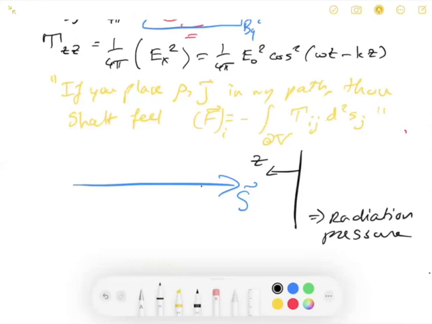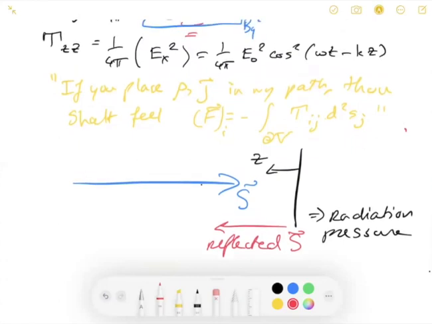But now, if this thing is reflecting, so a reflected S also enters the picture, you need to actually include that in your stress tensor, and therefore your pressure is going to be twice as high, because now you have an incoming and an outgoing, and there's squares everywhere. So there you go. All right.